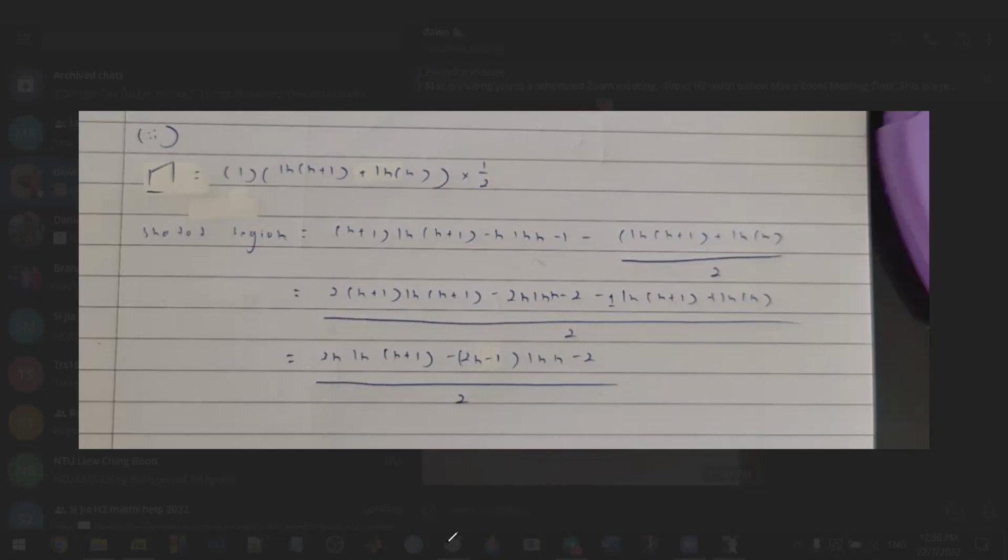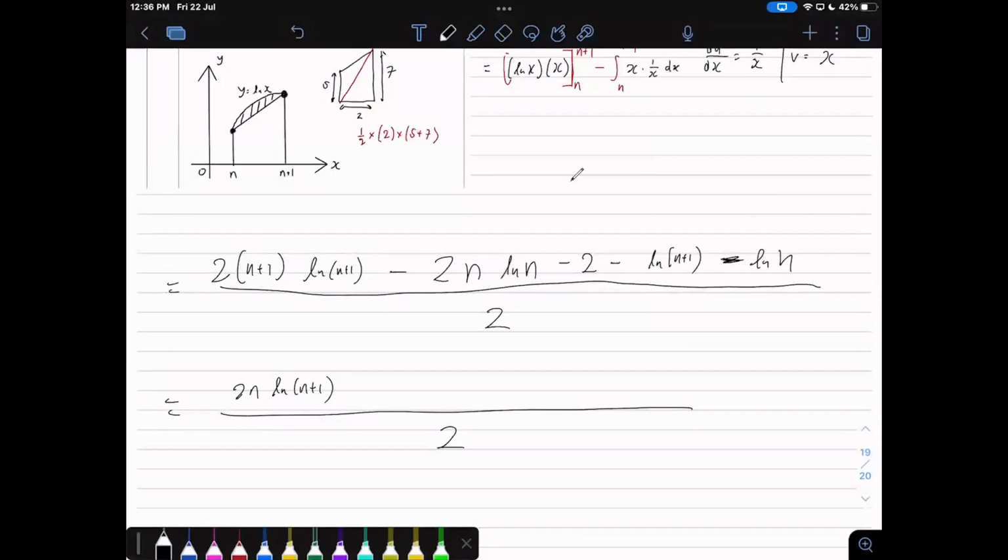Oh, sorry, am I not sharing the screen? Sorry, wait. Because the 2n plus 1 minus 1.